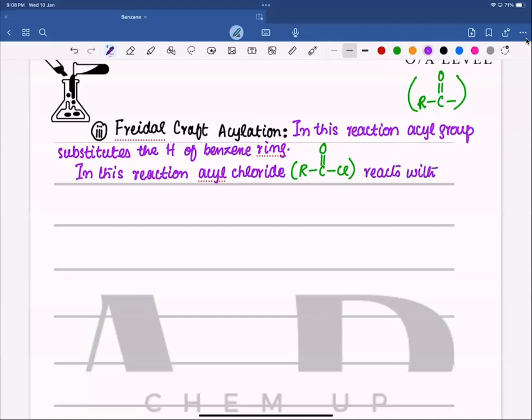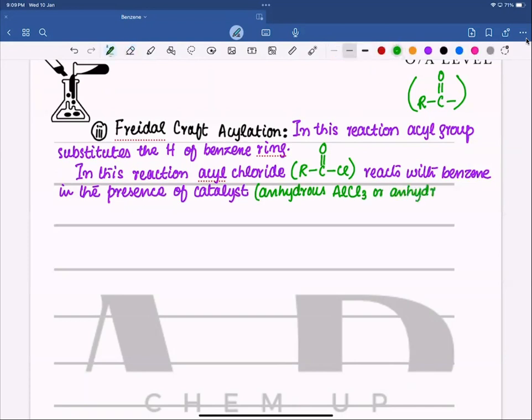It reacts with benzene in the presence of a catalyst, and that catalyst is anhydrous aluminium chloride or anhydrous aluminium bromide at higher temperature.